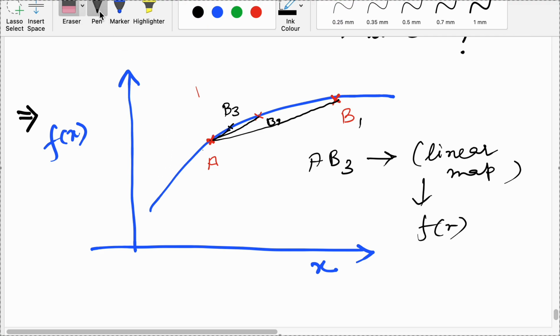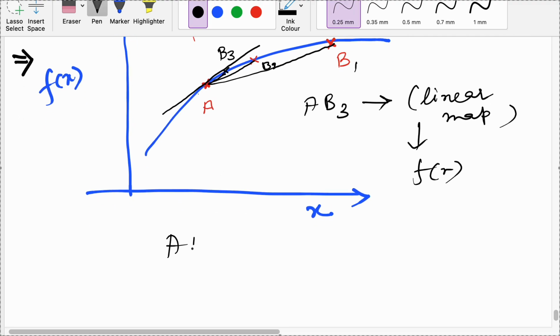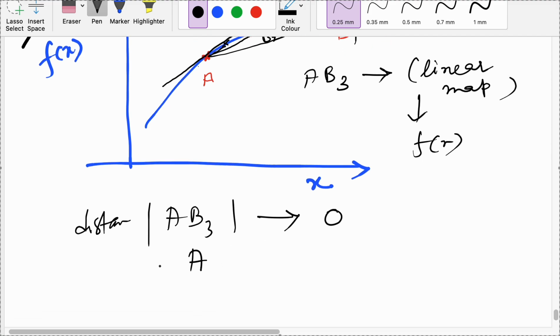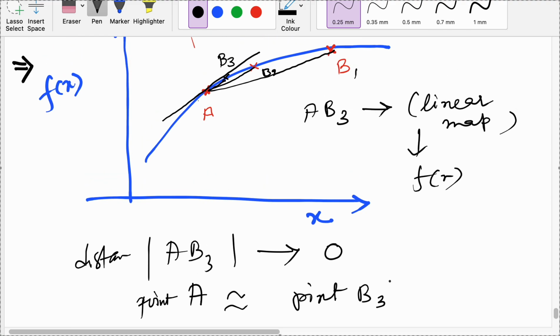We know that if the distance AB3 goes towards 0, that means point A and point B3 will be the same.